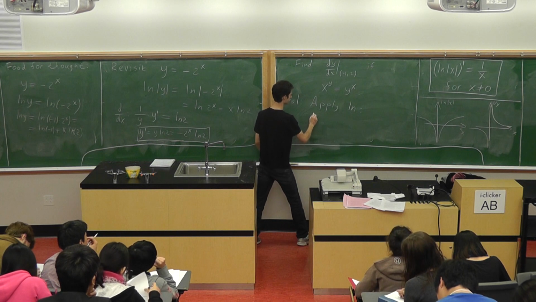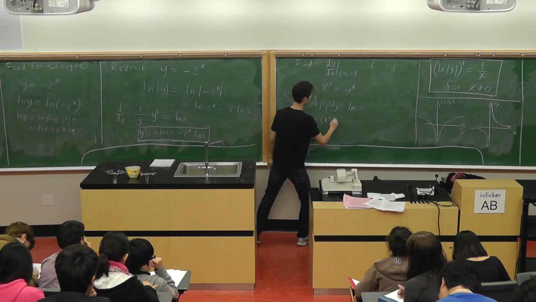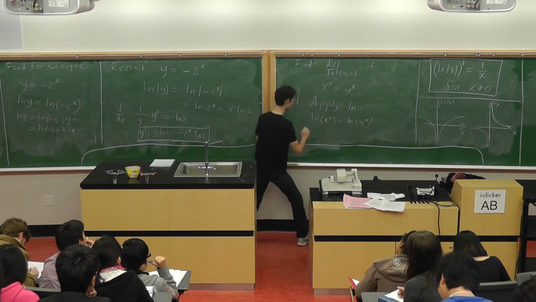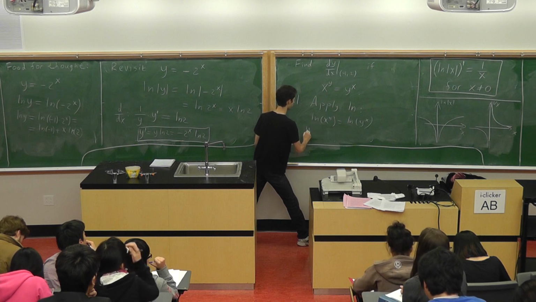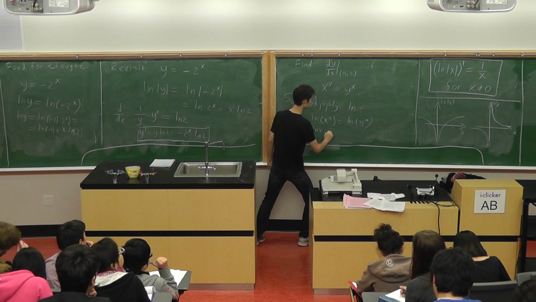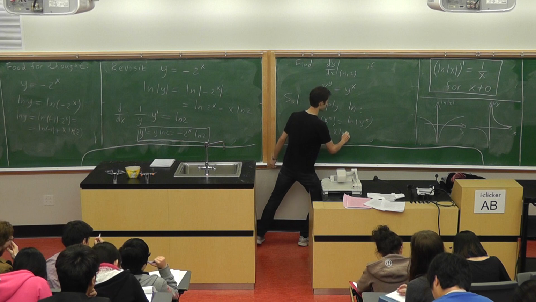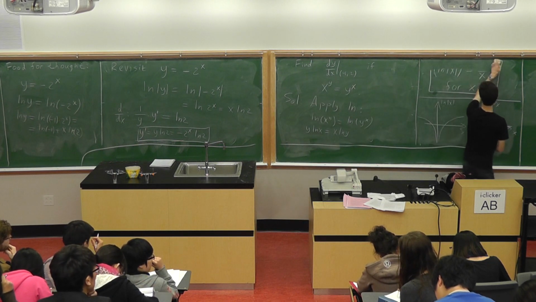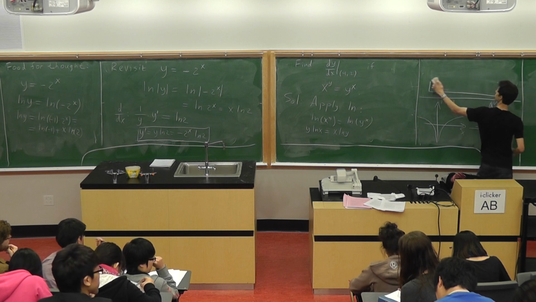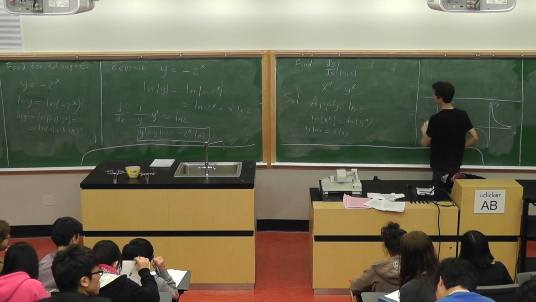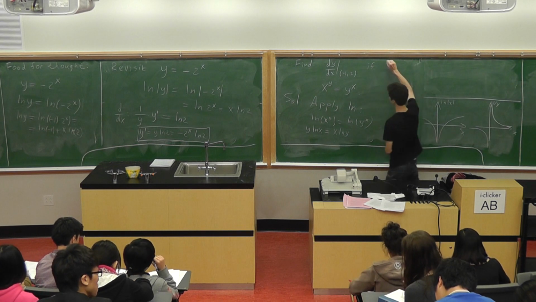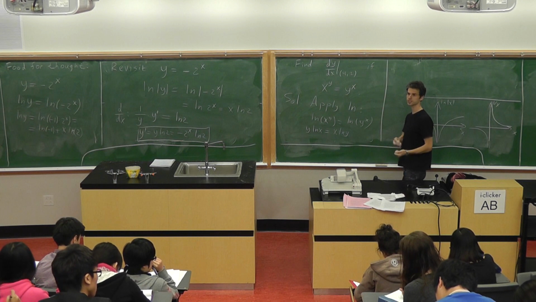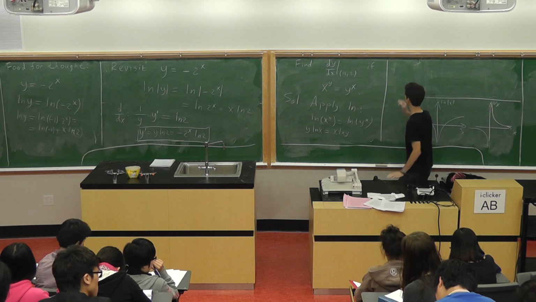And then we get ln of x to the power y is the same as ln of y to the power x, which we can rewrite as y ln x is equal to x ln y. Well, next step, let's apply derivative to both sides.